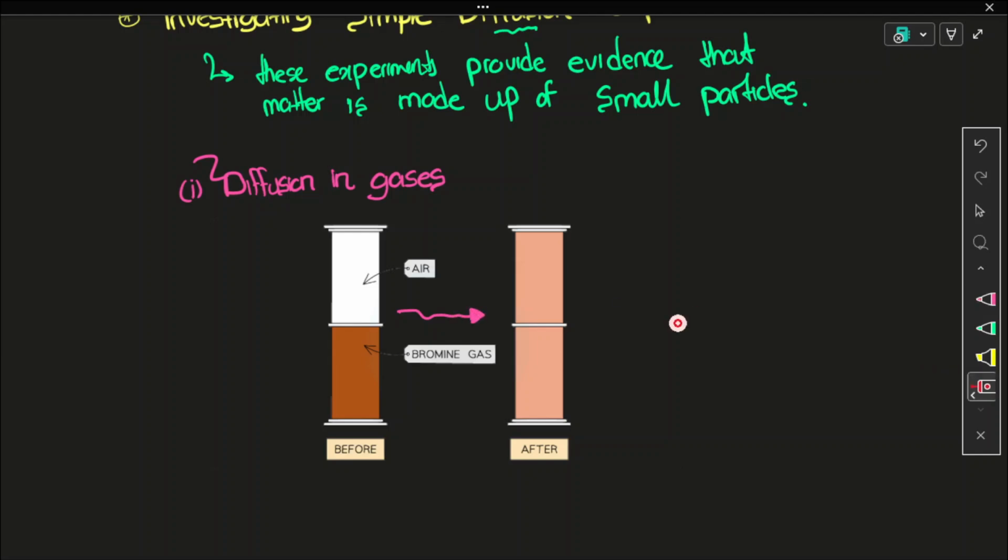And then after that particular time has passed by, when we look at the container, this is what we see. Do you see how that bromine gas has gone to the other side? Without any forces, there's no one telling them to go, there's no wind inside it, no other forces acting, nothing like that.